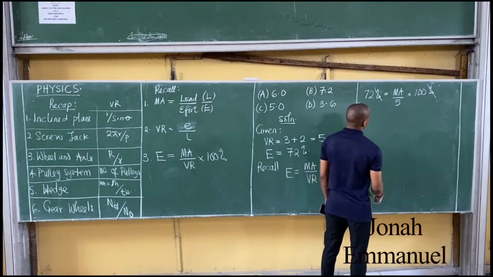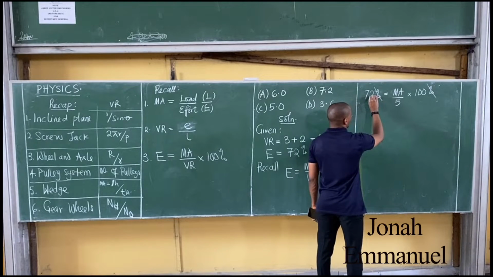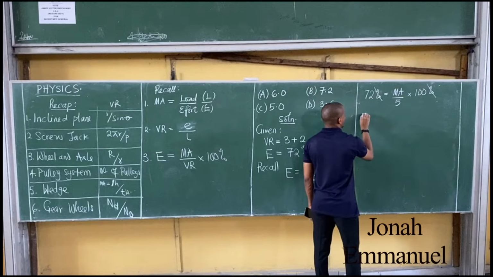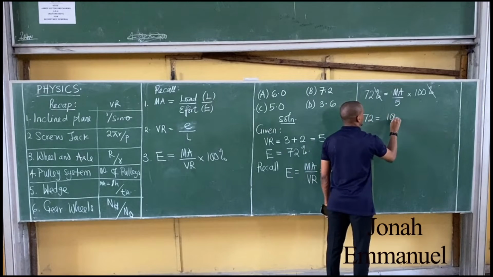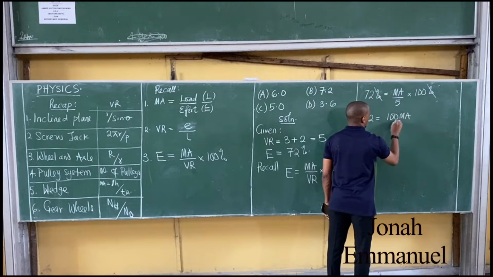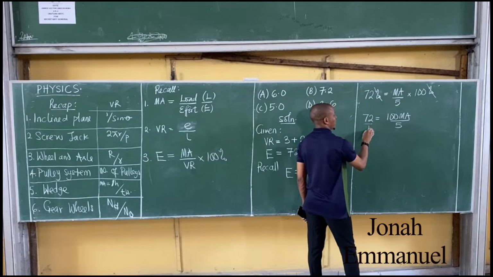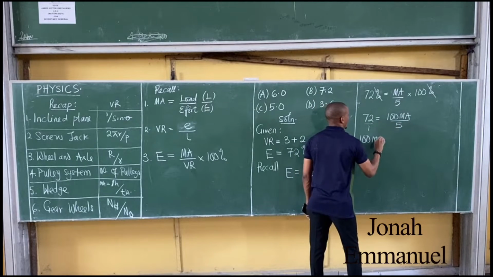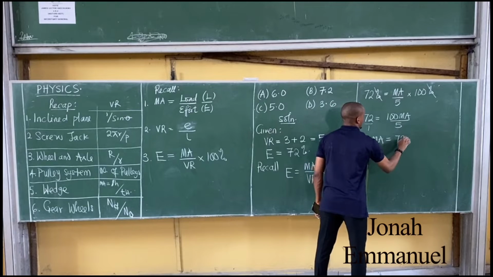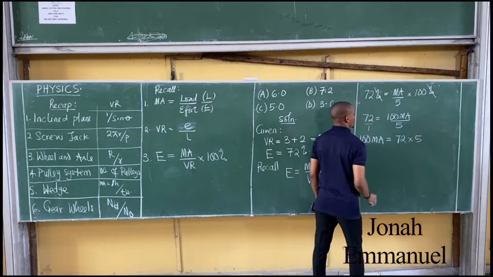Alright. What happens here now? From this I'm having 72 is equal to this times 100 MA all over 5. From here now, I'll cross multiply. This times 1 is 100 mechanical advantage is equal to 72 times 5.